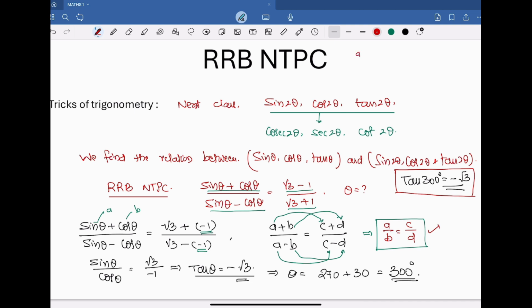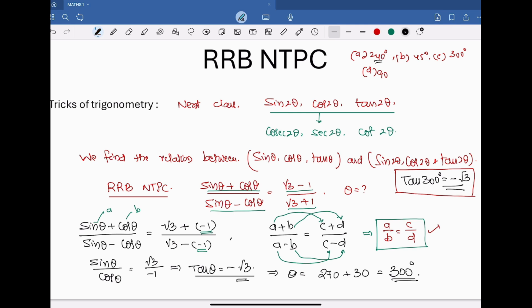Alternatives are given as A is 240, B is 45, C as 300, and D as 90. From this also, if you have any confusion, you can do it very easily.